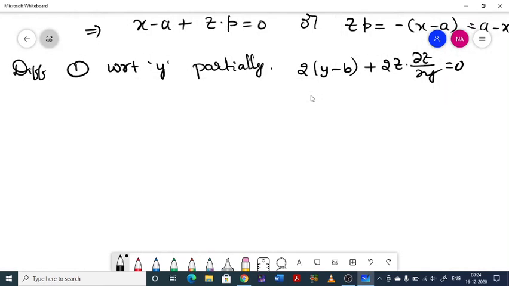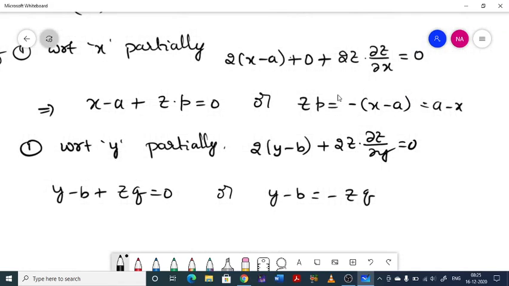That implies y minus b plus z into q equal to 0, the 2 vanishes always, or y minus b equal to minus zq.